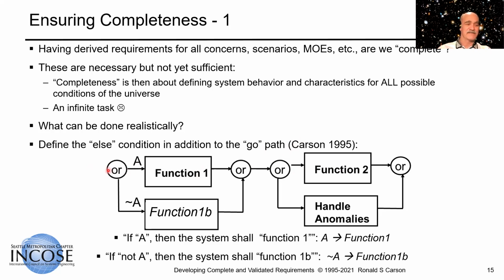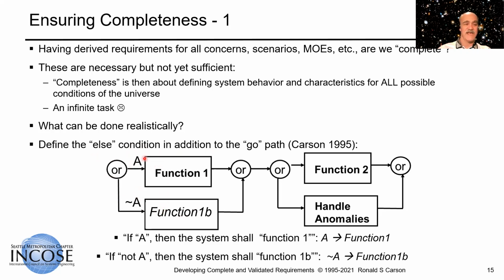The go path: on condition A, do function 1. And we seldom ask about the non-go path, the else condition. On condition not A, do function 1B. That's the addition: this combination now guarantees that at this point in the operation, no matter what happens, I've got a defined behavior.